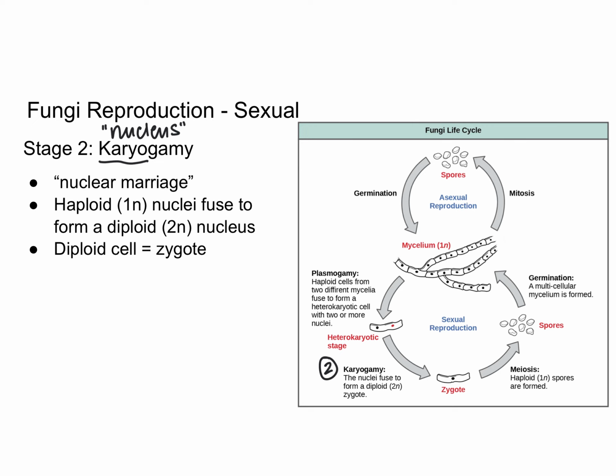So remember that in plasmogamy, we ended up producing a dikaryon. And so we had the cell that had two haploid nuclei. So the cell membrane and the cytoplasm have already been joined in plasmogamy. But now what happens is that the two nuclei are going to merge together in order to form a diploid nucleus.